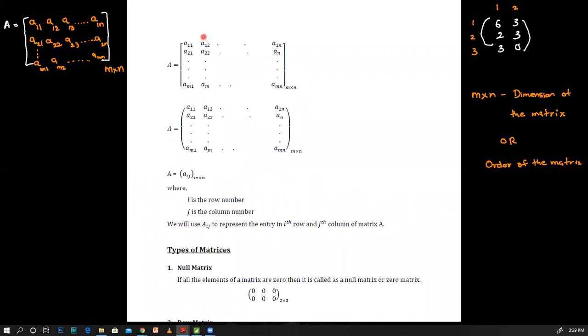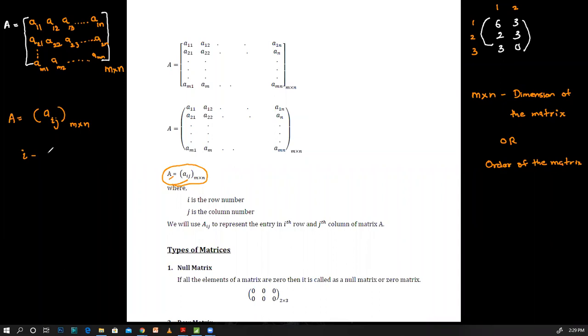Since we are using this notation form, we can summarize it into this form, A equals. If A is the matrix we have, we can write the elements in the form of Aij, where we have an m by n matrix, and I is the row number.